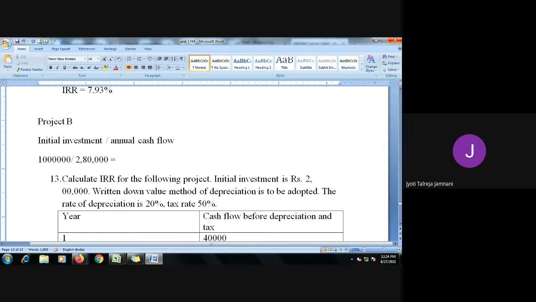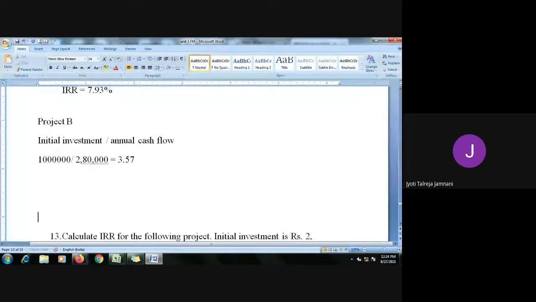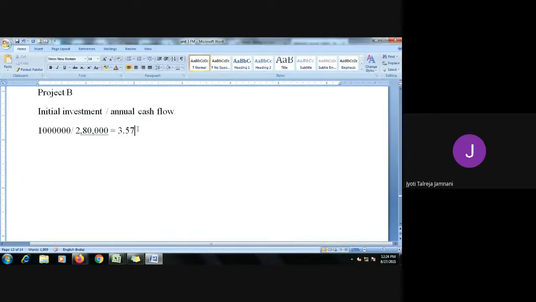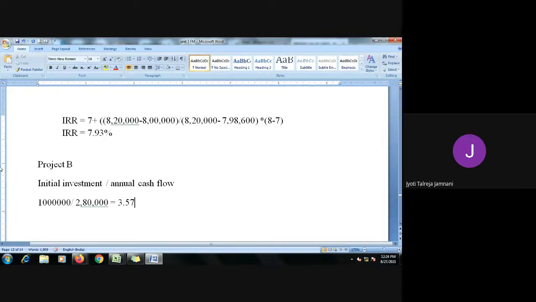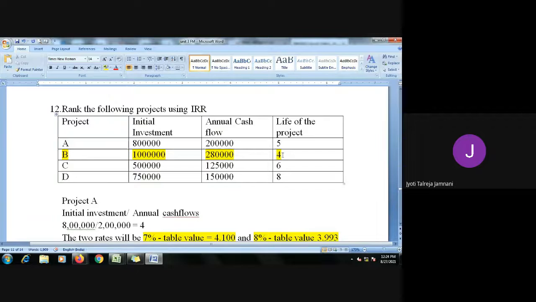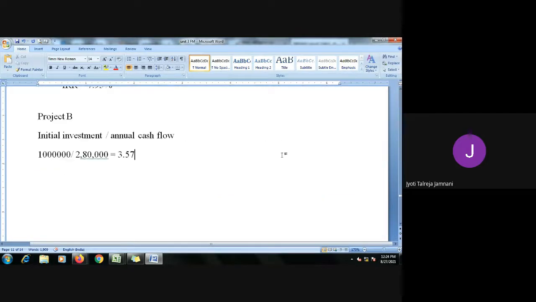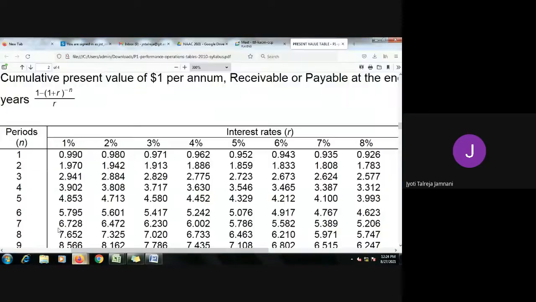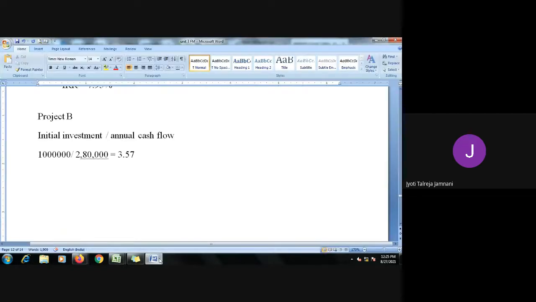3.57 is what you get. We have to check this 3.57 in the table. Okay, and the life also we have to check. Life of the project for project B is 4 years. So as I have told you, we have to look at the table for the years. So I'll look at 4 years. This is the table value. This is the year 4, and the table value that I have to see is 3.57.